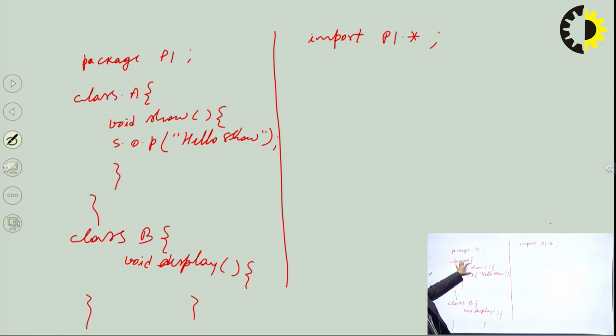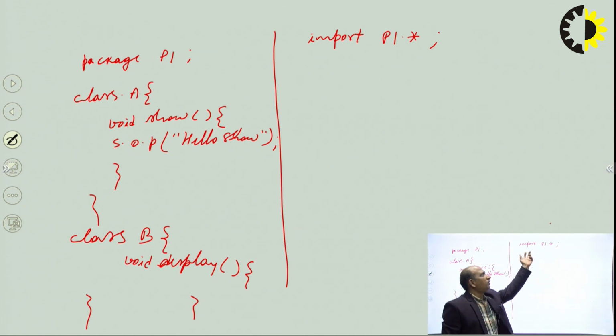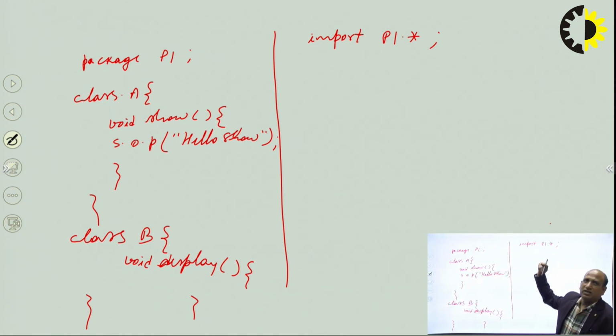This package p1 has two classes A and B. Once I import p1.*, all the members of this p1 package will be available here.